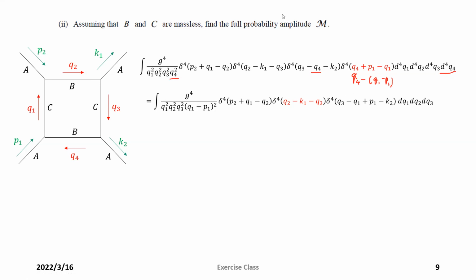Yeah, and similarly, we can do the integration on Q3. So for Q3, we can consider this delta function. So we just have to replace all the Q3 by Q2 minus K1.